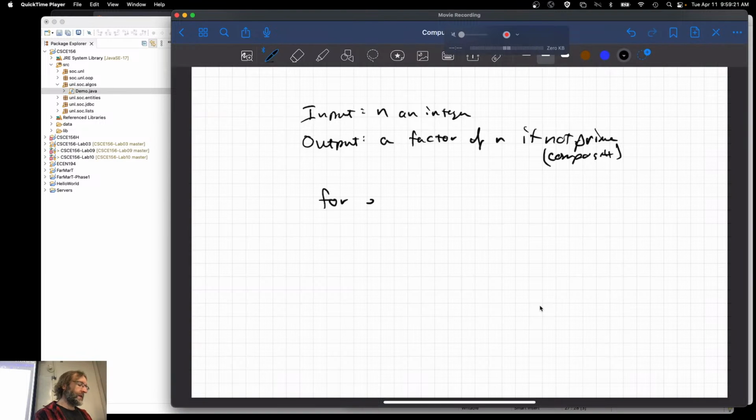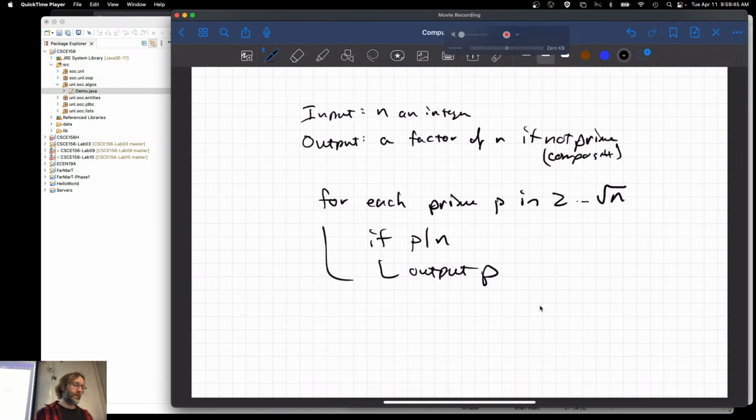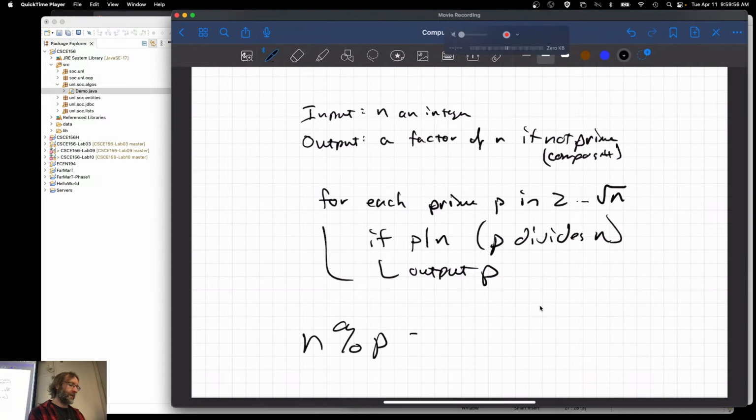So for each prime p in 2 to the square root of n, if p divides n, right? Then output p. So this is p divides n. Right? Or how would you do this in code? N mod p is equal to 0. There we go.